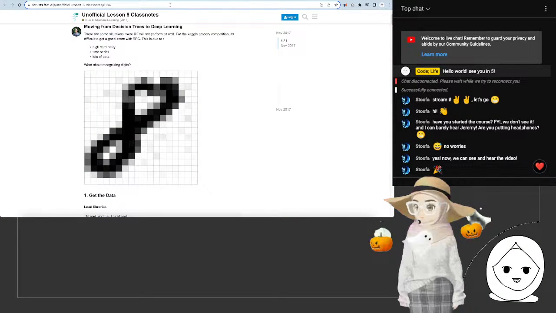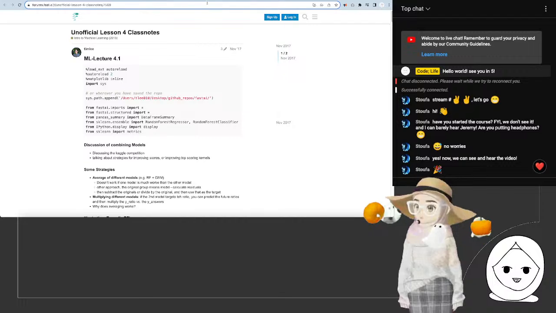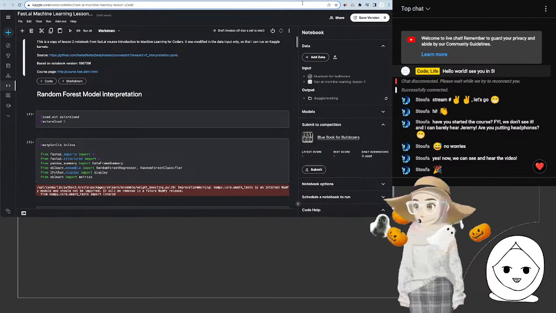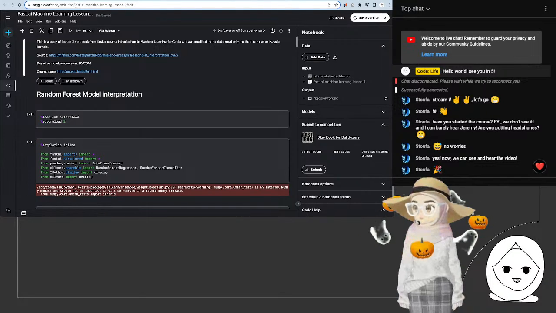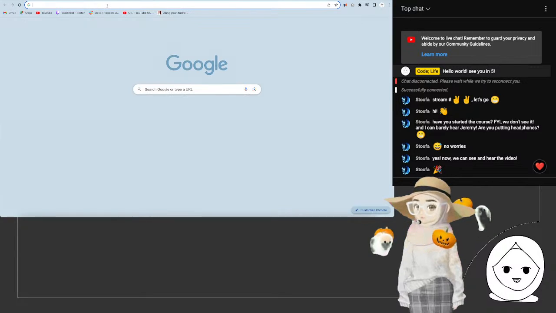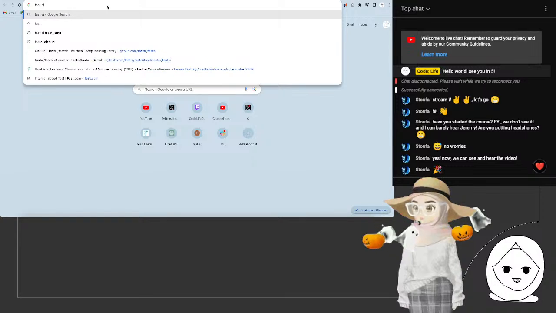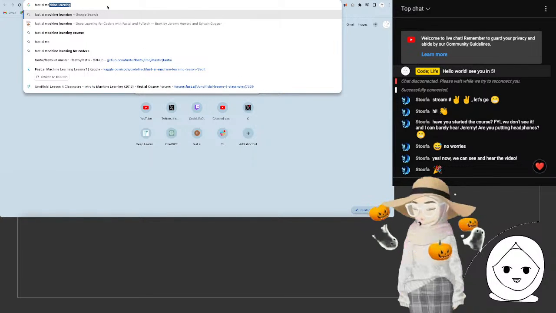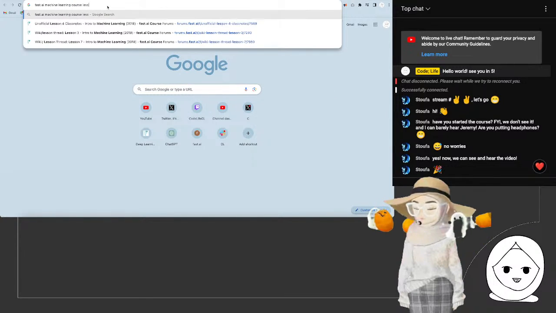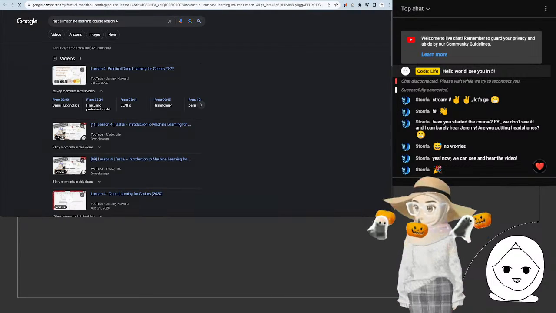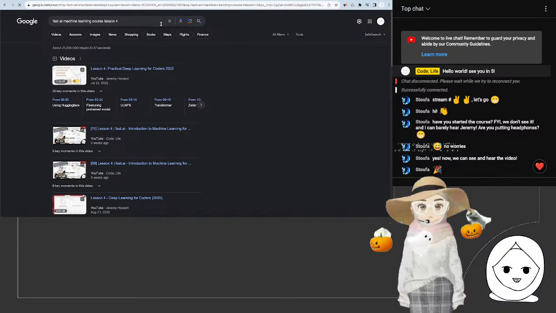Oh wait, is that literally the same? Oh wow, class 4 to 8. Okay. So I should go and see if there is Fast AI Machine Learning 2018 Lesson 4, if I can find that on Kaggle. Not deep learning.